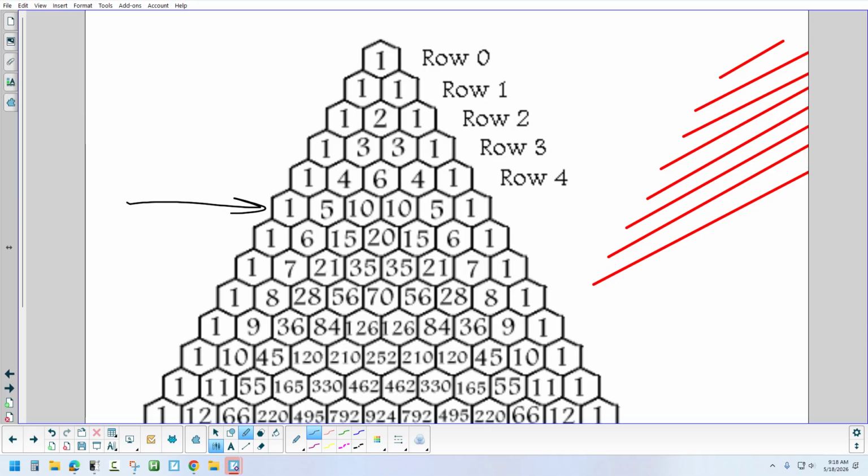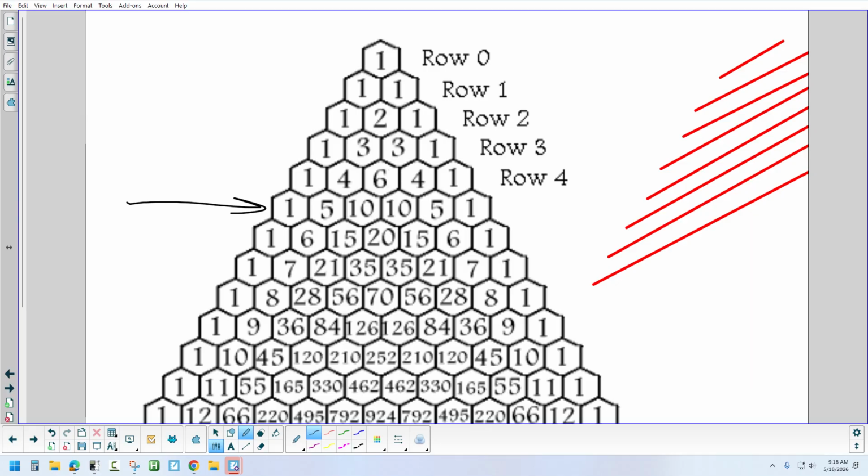Well, what are the numbers? What other number is there too, anything that's inside the ones? Yes, we have 5, 10, 10, 5. And we're in row 5.